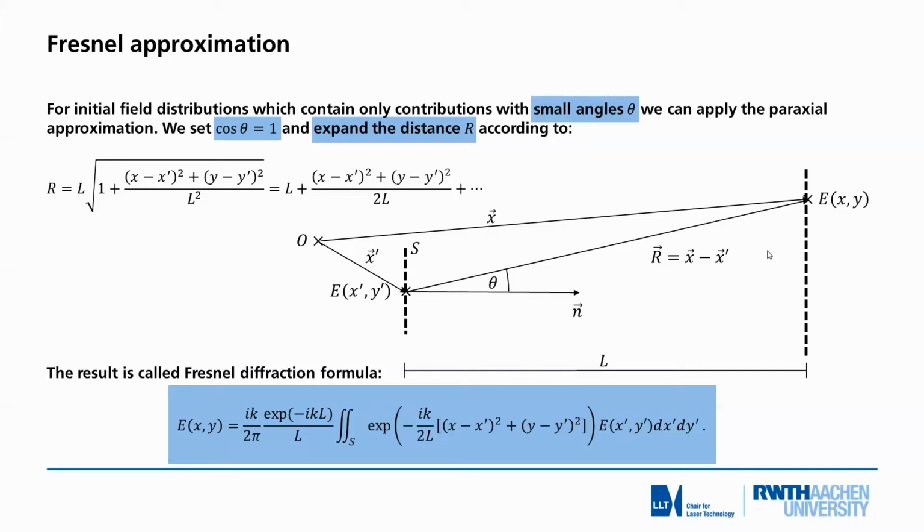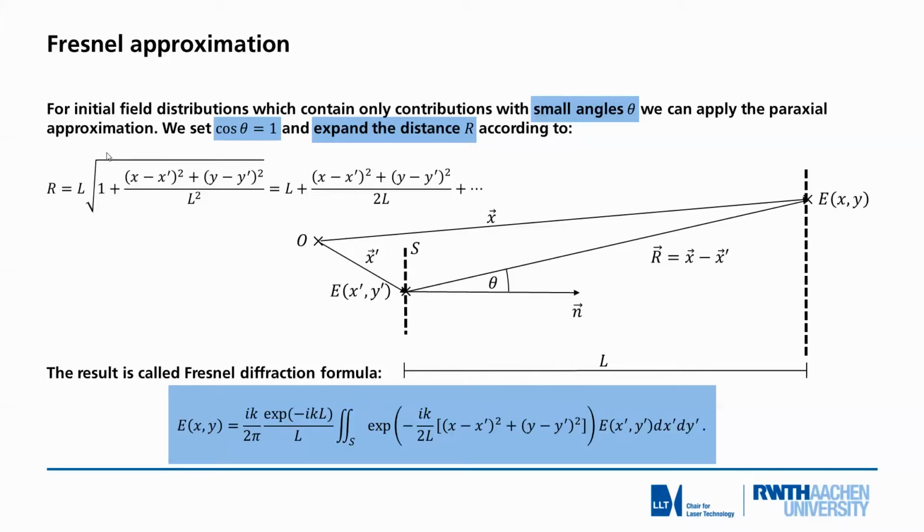To come back to our special case with the diffracting aperture, we now make a further simplification. That is something you may remember from earlier lectures, the so-called slowly varying envelope or large distance small angle approximation.